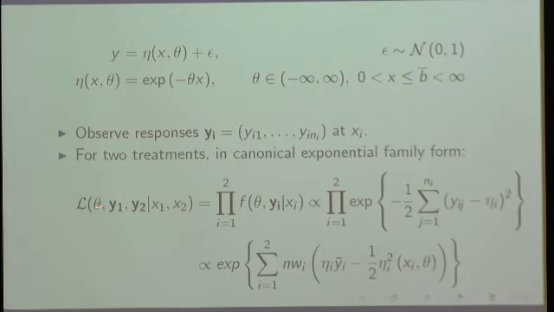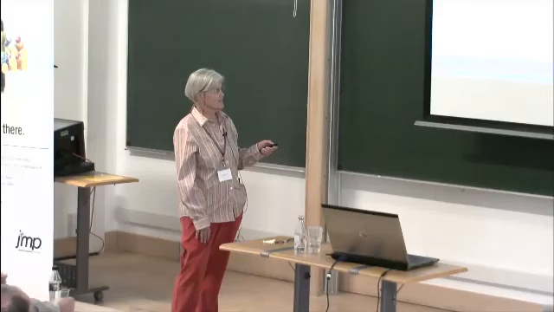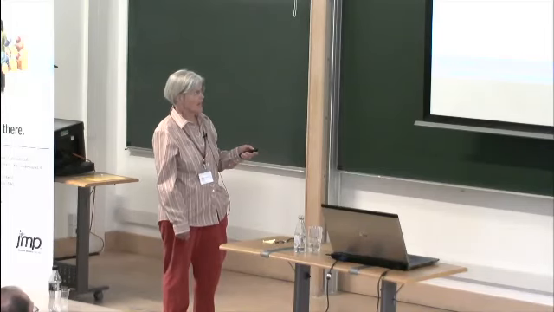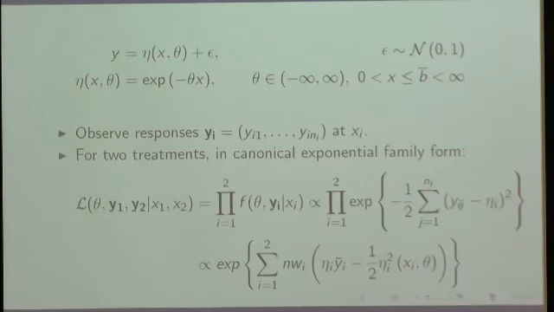This is the likelihood, the product of the two individual densities for each stage, and it's nice and normal, so we write this as proportional to the normal kernel here. And I now rewrite this in the form of the canonical exponential family, because a lot of the properties that we attribute to maximum likelihood estimates go hand in hand with the random variable being from an exponential family.